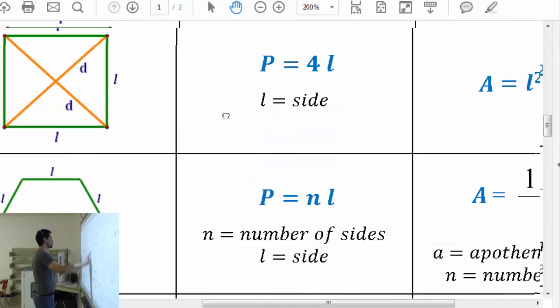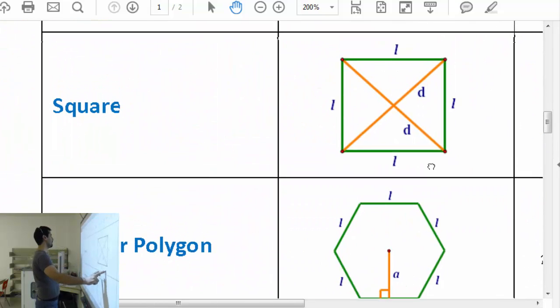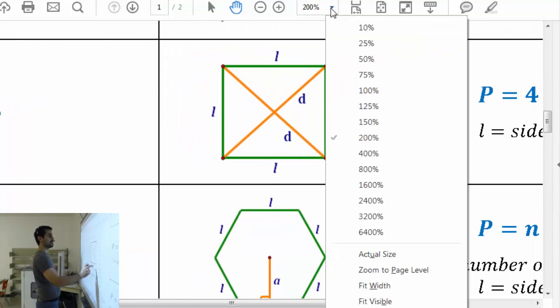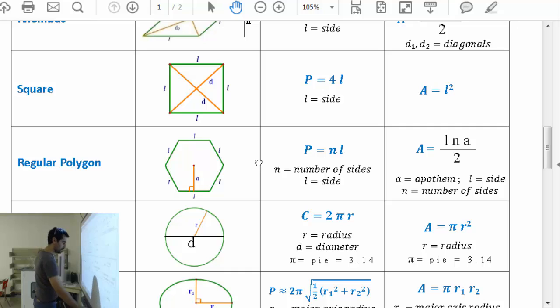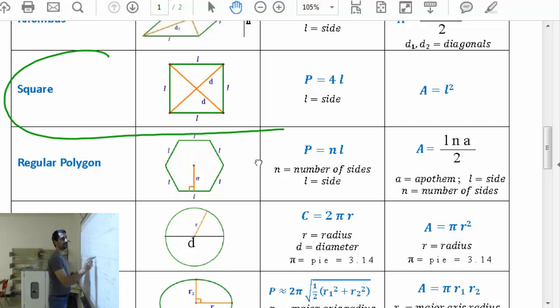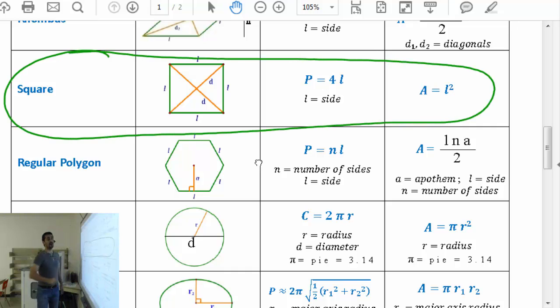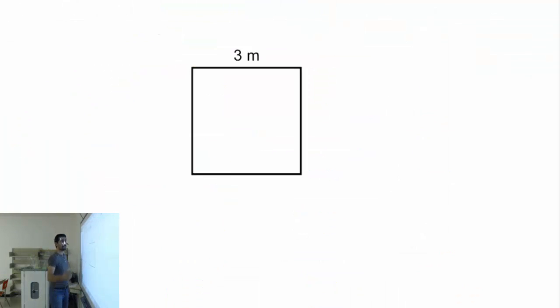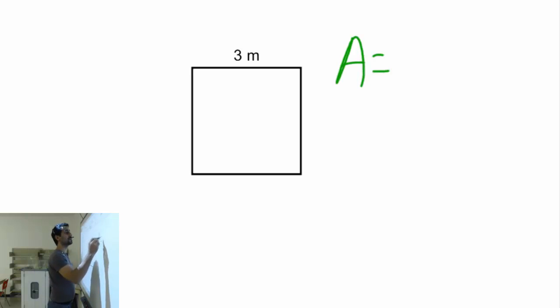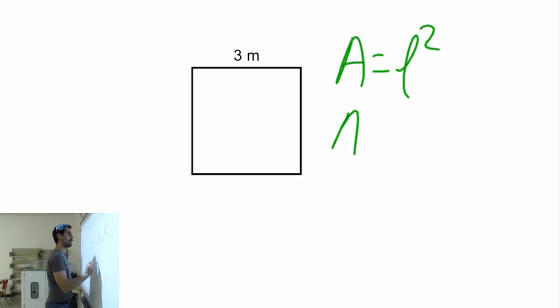And now let's erase that. Let's go look for square. Square, it is right here. Let's make this a little bit smaller. All right, so I am to copy that formula. Area equals L square. Let's go write that down. Area equals L square. Area equals, oh, L. What is L?